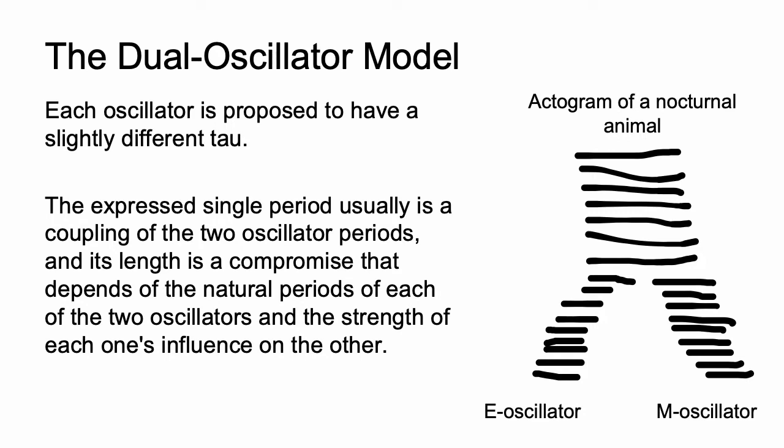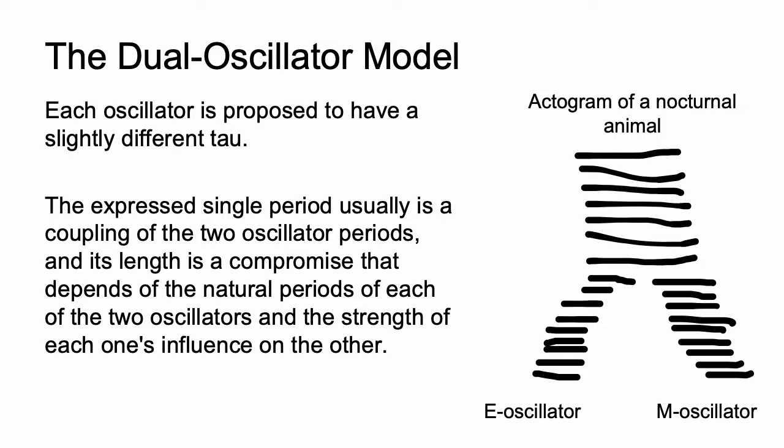The length, the tau, is a compromise between the two different natural taus of the individual oscillators. And the single period length is determined by the individual period lengths and also the strength that each oscillator has on the other. So perhaps one oscillator might be more dominant, and it might have a greater influence over the overall period length when they are coupled together.